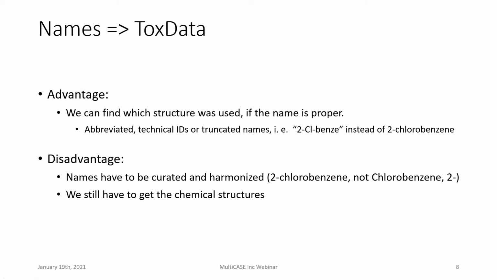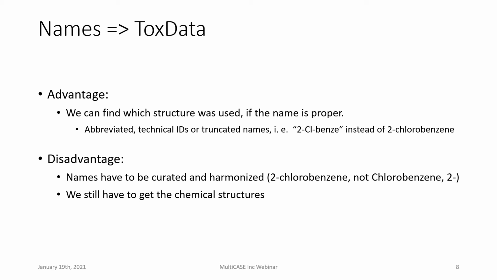An easier case is when the names are provided. So we have a table with a list of names, and in the second column we have some form of toxicity data. Well, there is an advantage because this kind of data allows some form of massive automated processing. And most likely we can find structures from those names, provided the name is proper. Quite frequently the names are abbreviated in all kinds of ways. Or there is a technical ID instead of a name, some kind of IP 346.